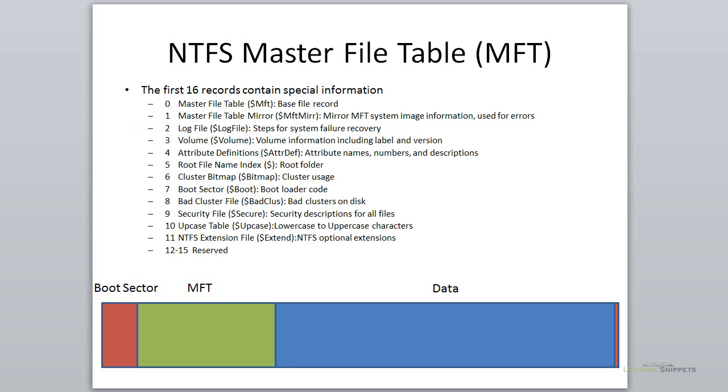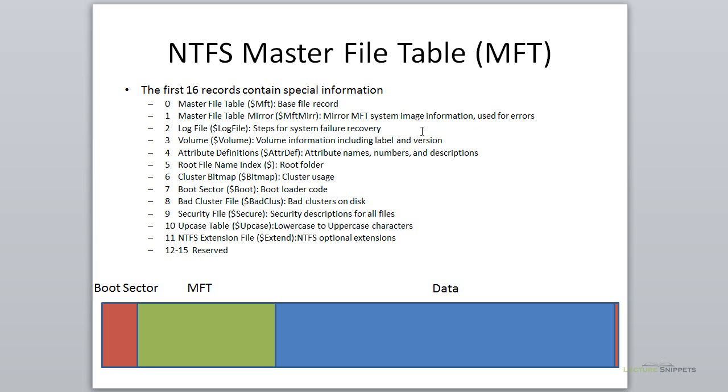Like what we saw with the boot sector, where the first 16 sectors were special, again we have the first 16 records as special records in our master file table. The first record, record 0, contains information about the master file table itself. Record 1, the second record in this table, is going to contain information about a mirror or a duplicate master file table so that we could recover in the event that our first master file table has corrupted.